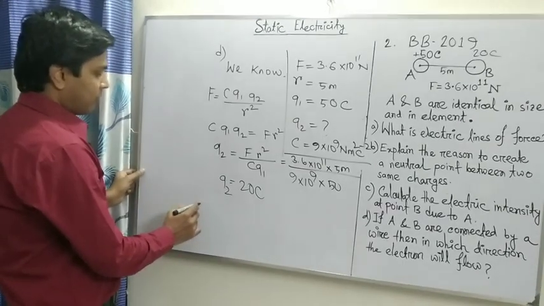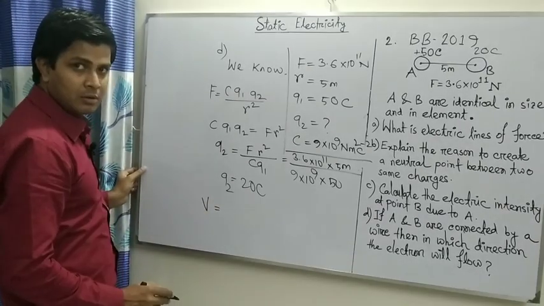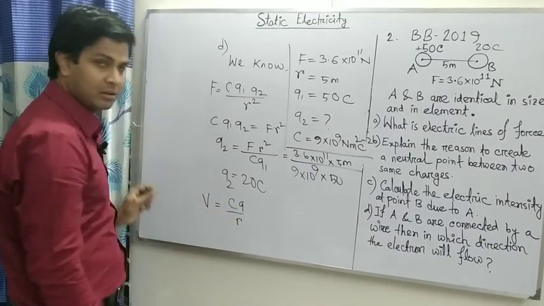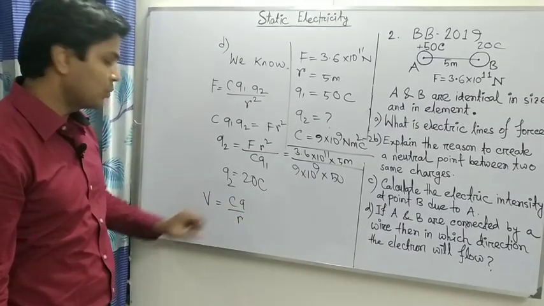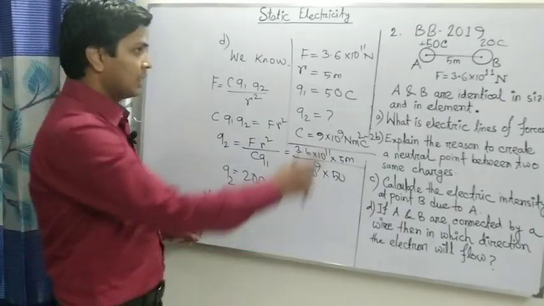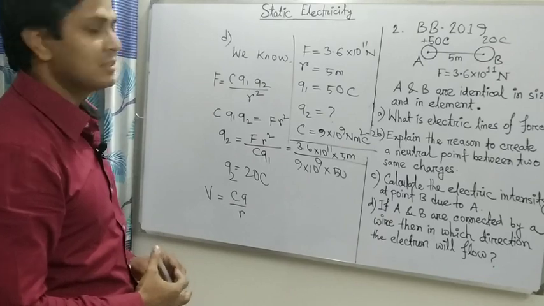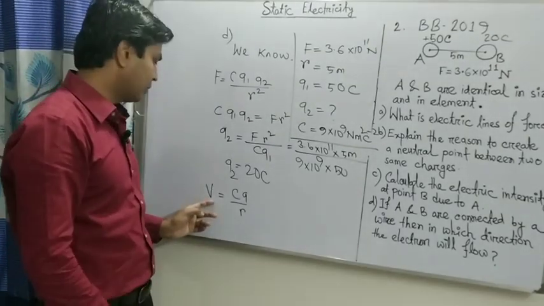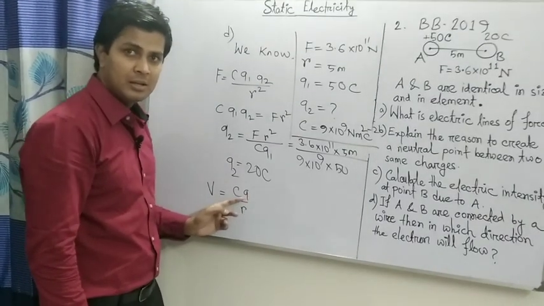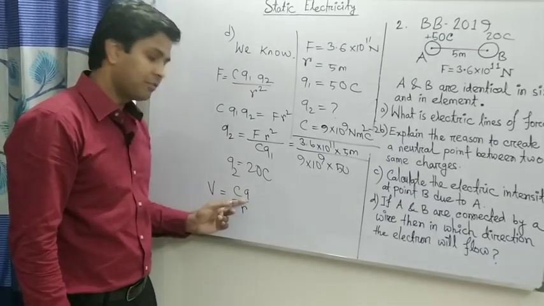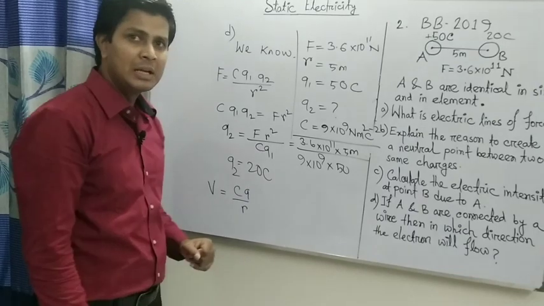So we know the formula of electric potential V equal to CQ by R. Here R is the distance, Q is charge. In that case, the radius of both bodies is equal, so V only depends on charge. If Q is more, the potential will be more, and if the charge is less, then the potential will be less.